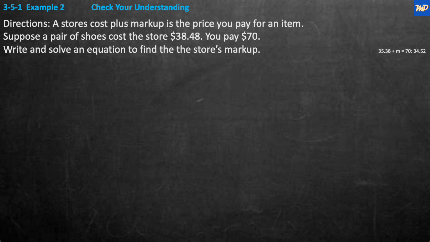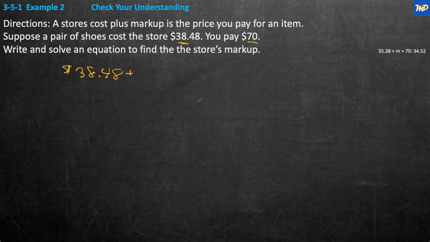Okay, now that you're back, let's go ahead and write the equation. So what is it? We know that if you take the amount you pay, which is this amount here, and a markup, you're going to end up paying the final price, which they're saying is $70. So if I write this out, I'm going to say dollars, 38.48 is what they pay for the shoes, plus they have a markup.